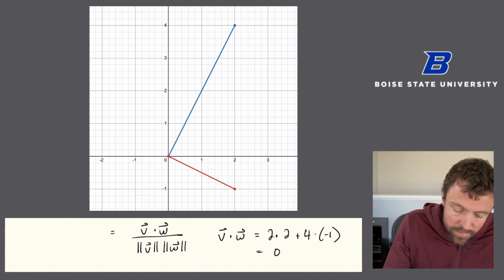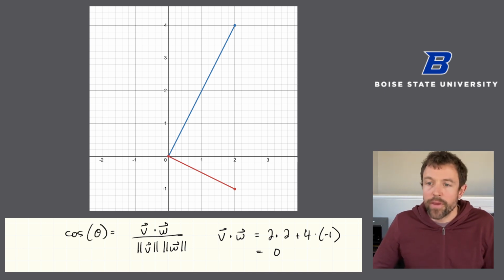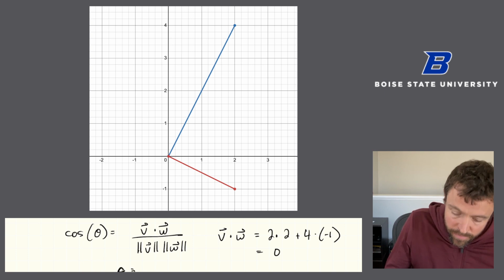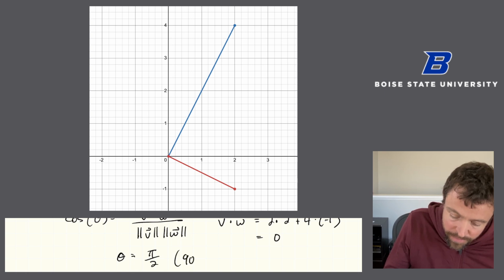I wrote angle equals, that's not true. The cosine of the angle equals that. You get 0, and the arc cosine of 0 is 90 degrees, or pi over 2. So theta is pi over 2, 90 degrees.